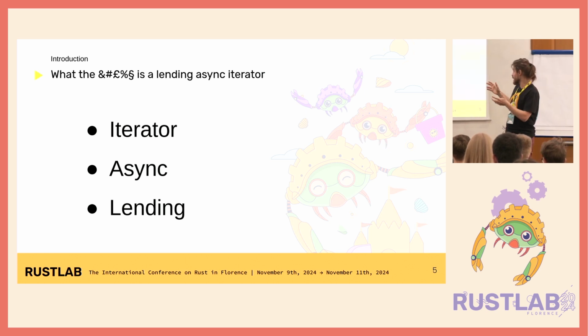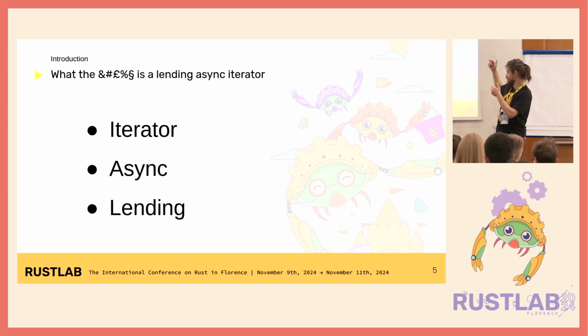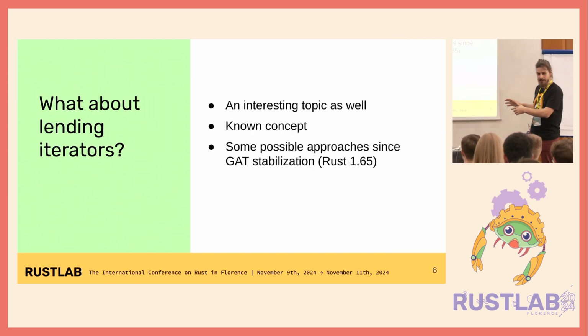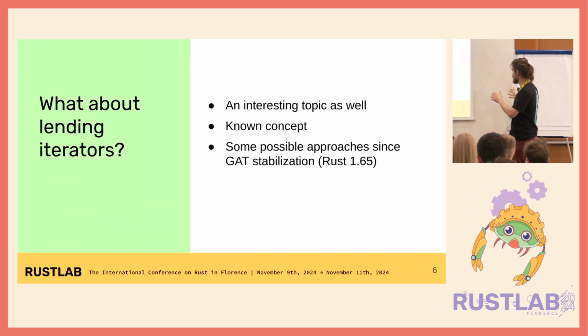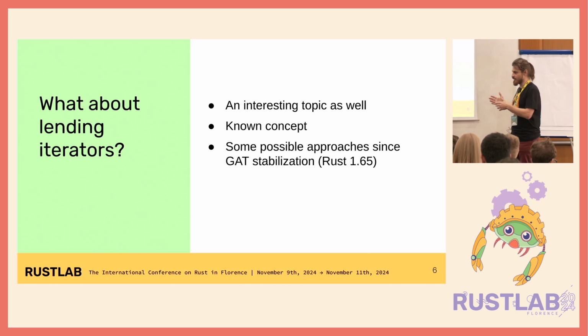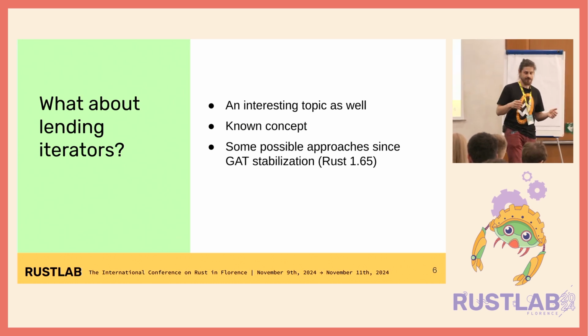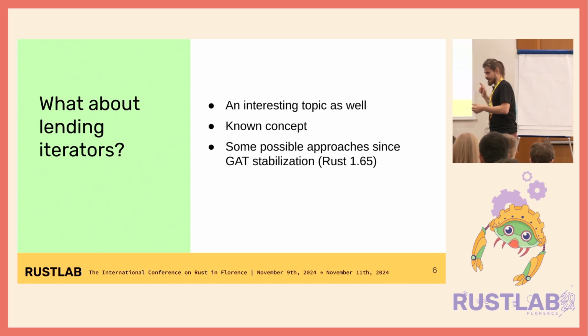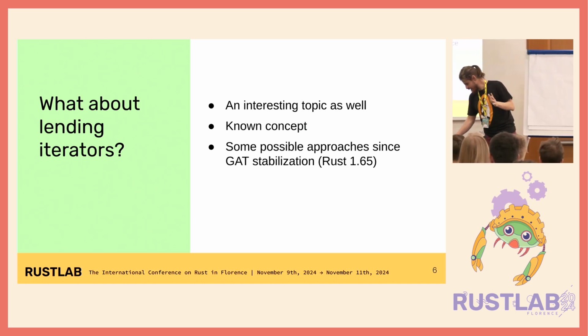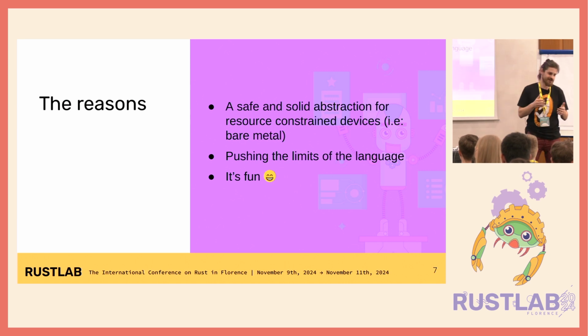And you could think that, okay, iterator, async, lending, but what about lending iterators, not async? They are a very known concept. They're interesting. They're mostly writable since the stabilization of generic associated types in Rust 1.65. And very interesting. I just find the async version more interesting.